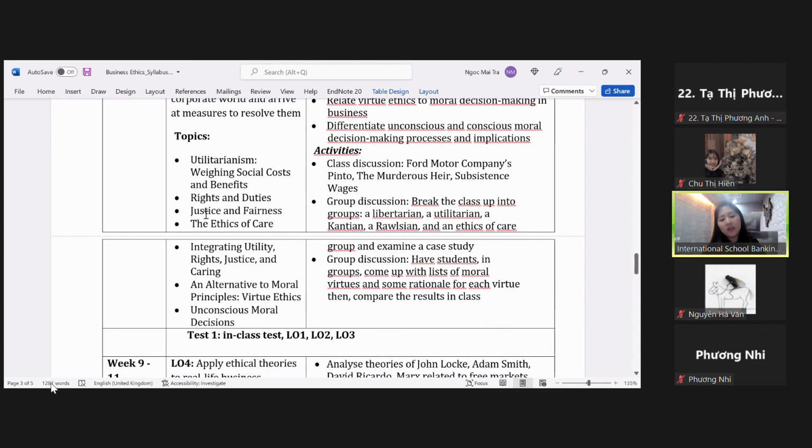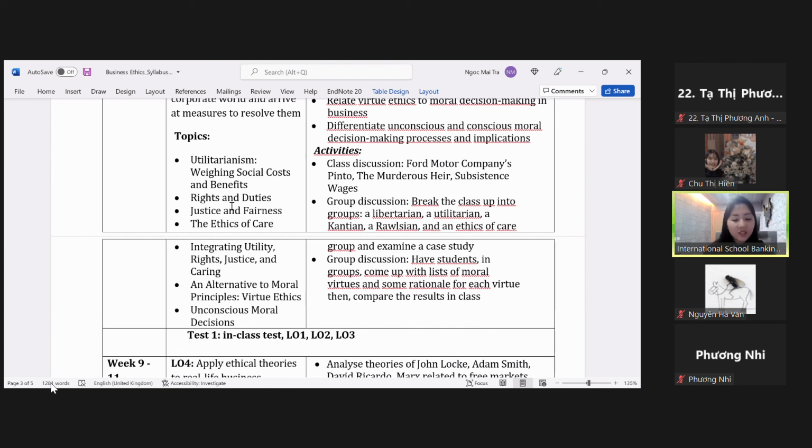The third one is justice and fairness. Here we care about what is just, what is the right thing to do for the right people. How do we punish wrong behavior?